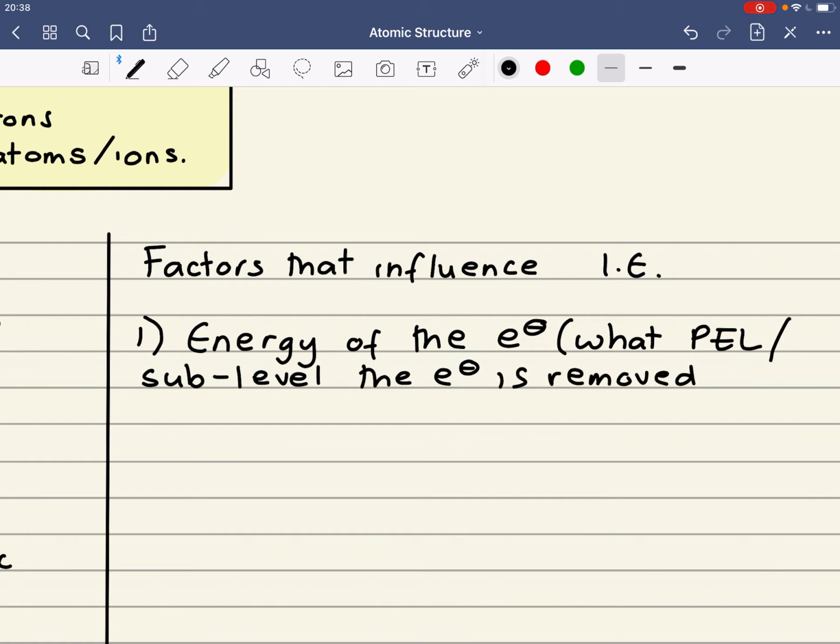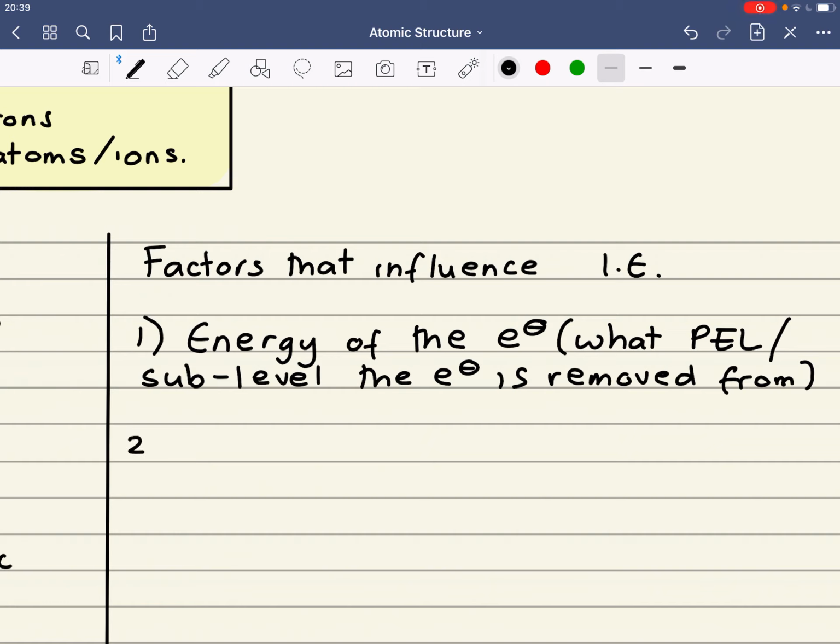That's what I mean by the energy of the electron. And usually the higher in energy that the principal energy level and the sublevel is, then the easier it is to remove, and the lower your ionisation energy.